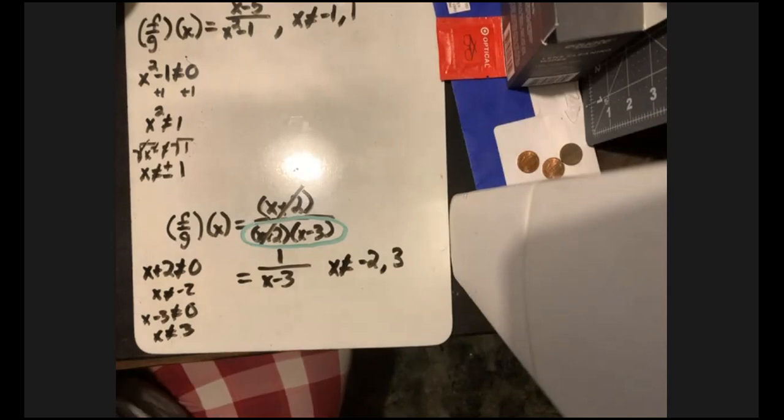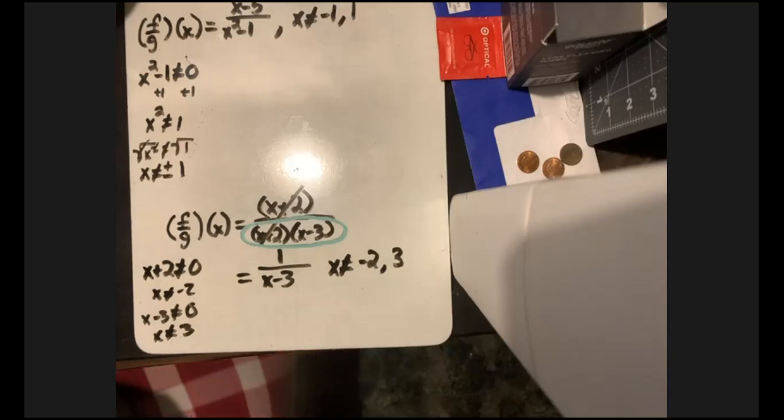Not a modified, not a reduced, not a cleaned up version. The entire original g of x denominator is not allowed to be 0. Okay, so we just have to keep that in mind as we're processing.